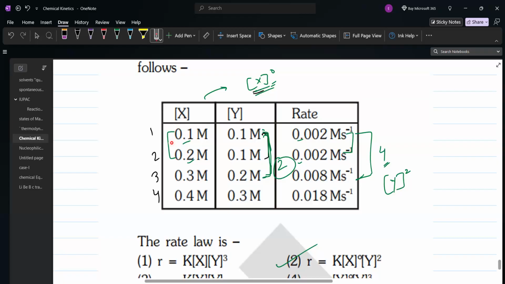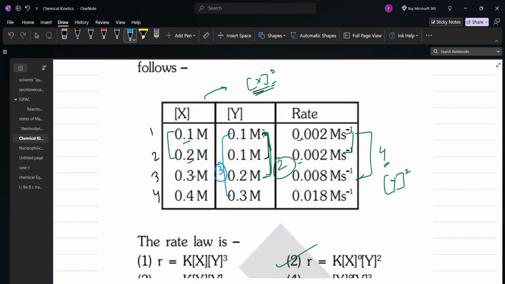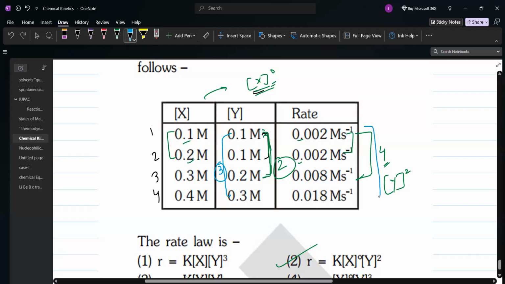Yes, sir. For example, let's see, we are increasing the concentration 3 times, okay? And it doesn't matter what is happening with the concentration of X. What we will see is that the rate of reaction has been multiplied by 9 times, right? 3 squared is 9 times, so the power should be 2.